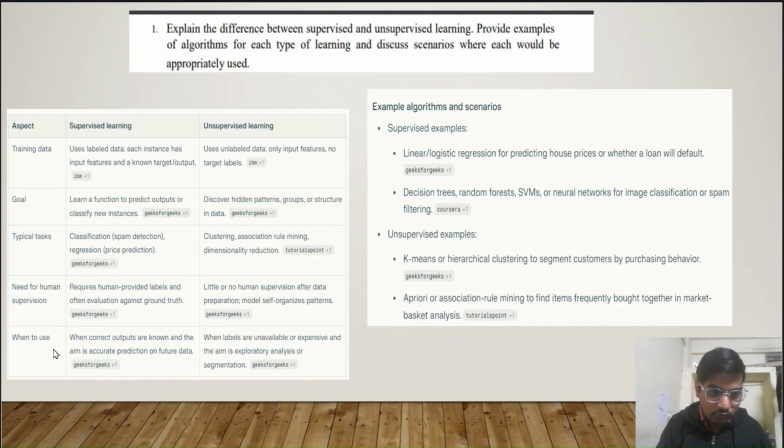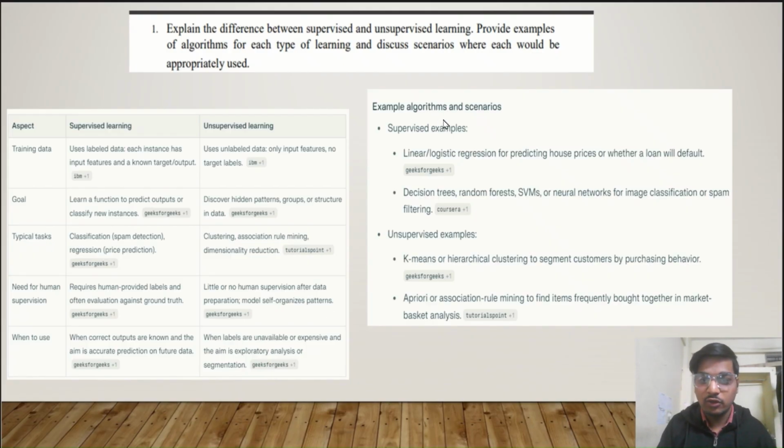Supervised learning is used when correct outputs are known or the aim is accurate prediction on future data, whereas unsupervised learning is used when the labels are unavailable or expensive and the aim is exploratory analysis or segmentation.